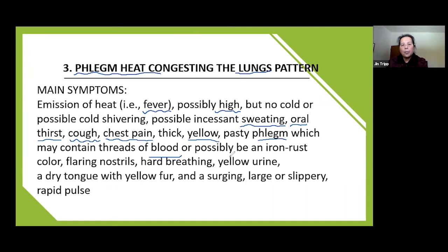And because of blood inside, it can change the color to iron rust kind of color, like a dark red color or dark brown color there. So that's basically kind of black color in there.